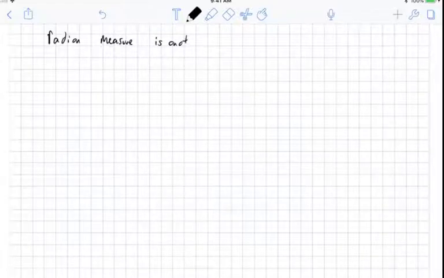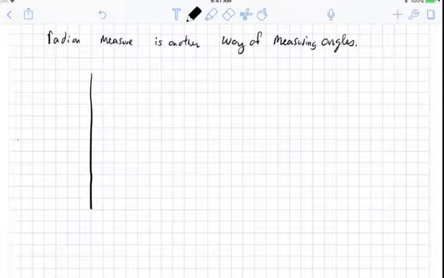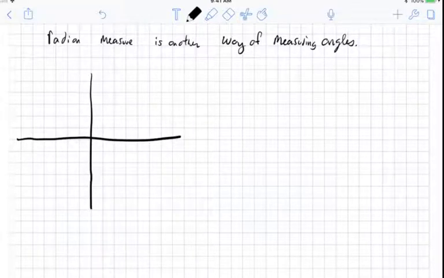So let's imagine we've got a quadrant, a unit circle here.